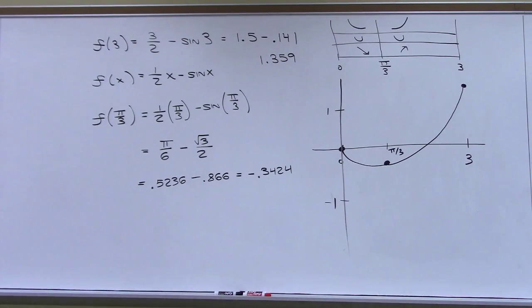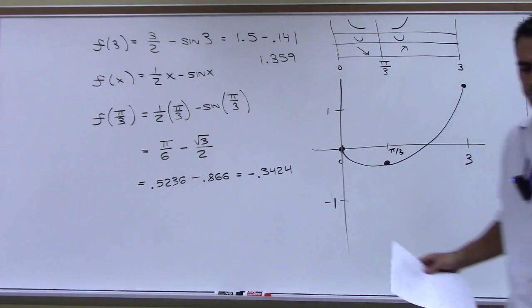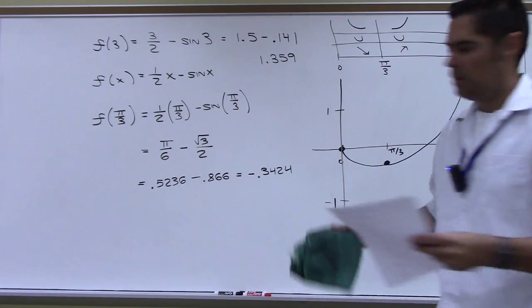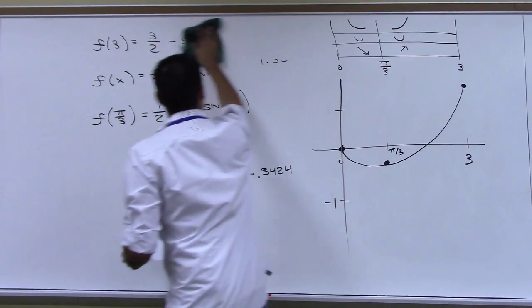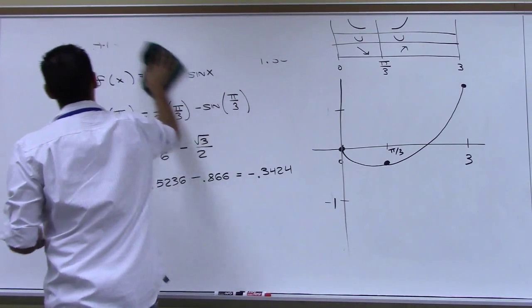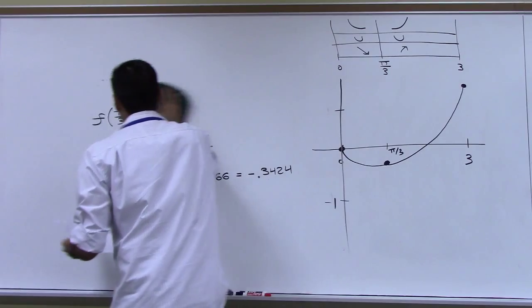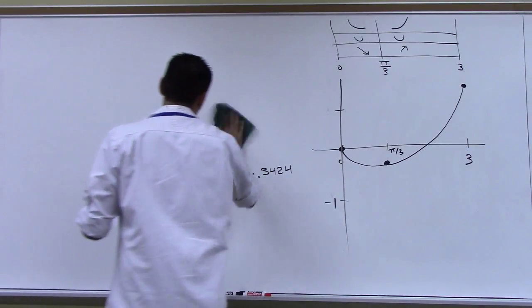Now let me hand out this thing. You can just take this, grab one, pass them back. Now don't freak out, because this is not your review for your exam, all right?